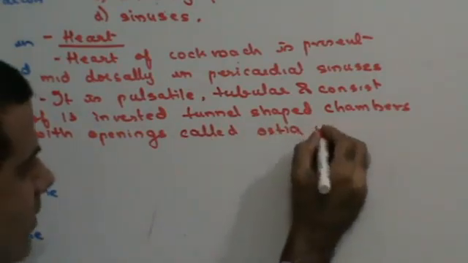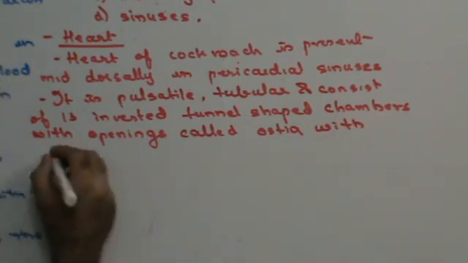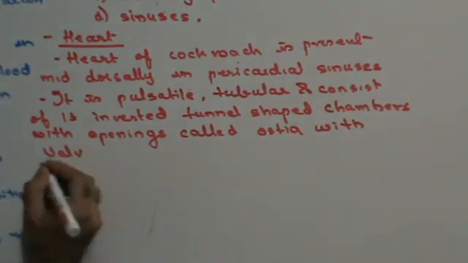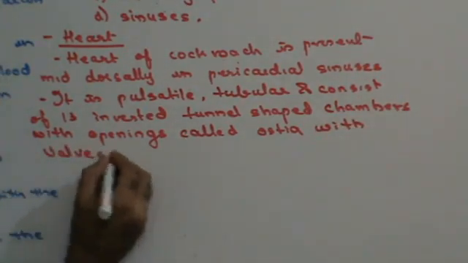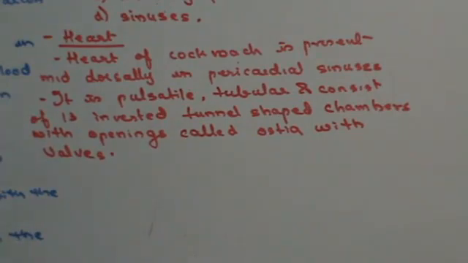Ostia have valves. That's the description of the heart of cockroach.